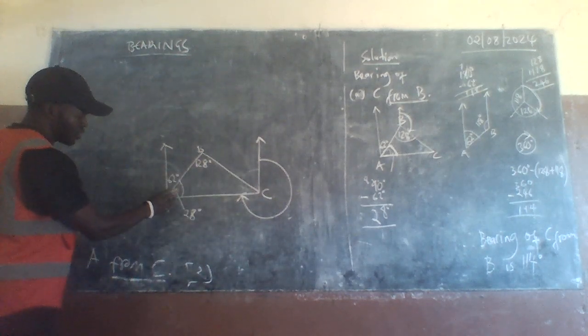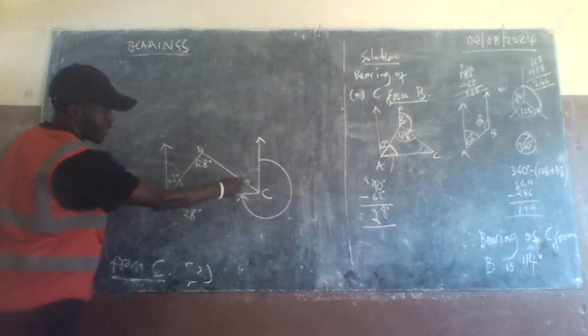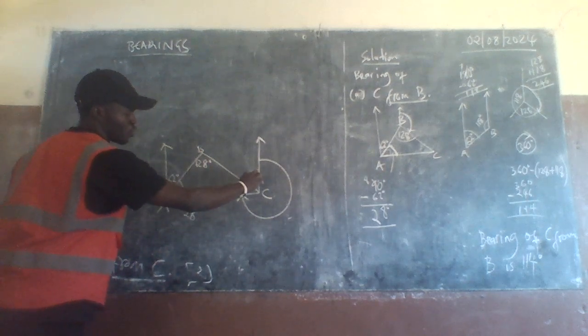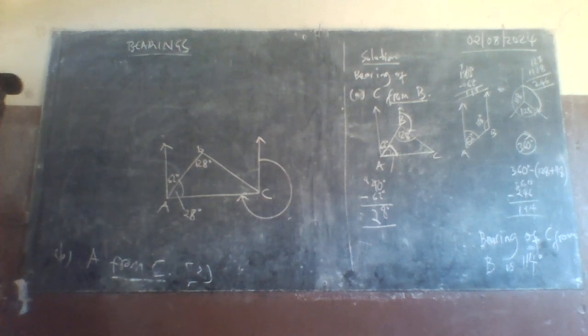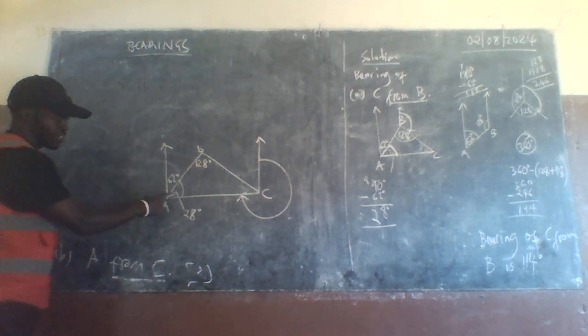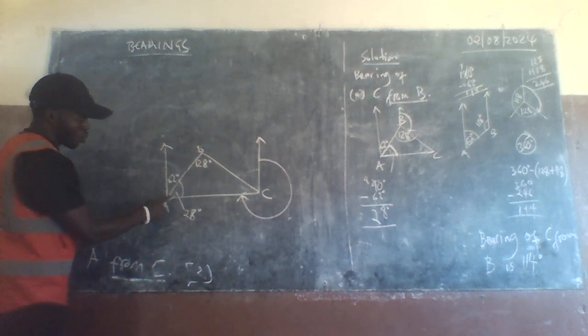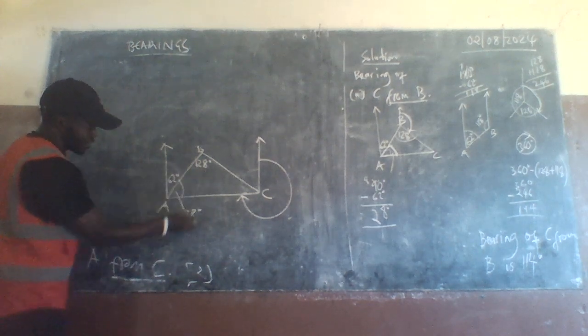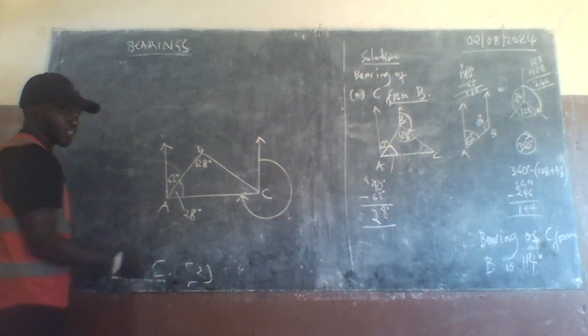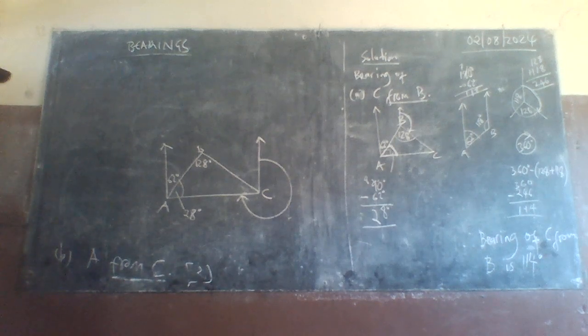So that's why I've started to look for this one, so that I will know this one and I will know that one. Once I know these two, then I'll subtract from 360 to give me that one. So that's why I've targeted this one. So if I add these two, it will be 130. 130 plus 26, that will be 156.